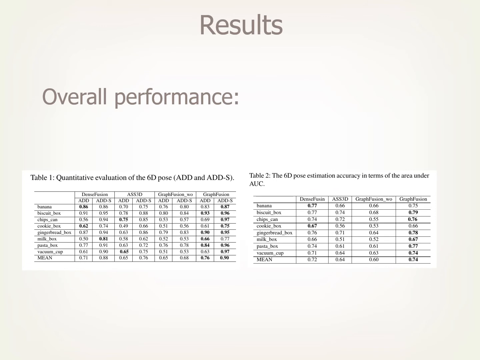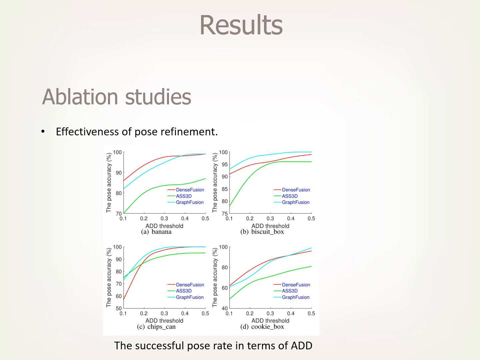Here we list the evaluation results of the 4 rounds of these 3 methods. Table 1 and Table 2 show the overall performance in terms of ADD, ADDS, and AUC. We can see that GraphFusion achieved the best performance. We present ablation studies to help better understand the functionality of different network architectures.